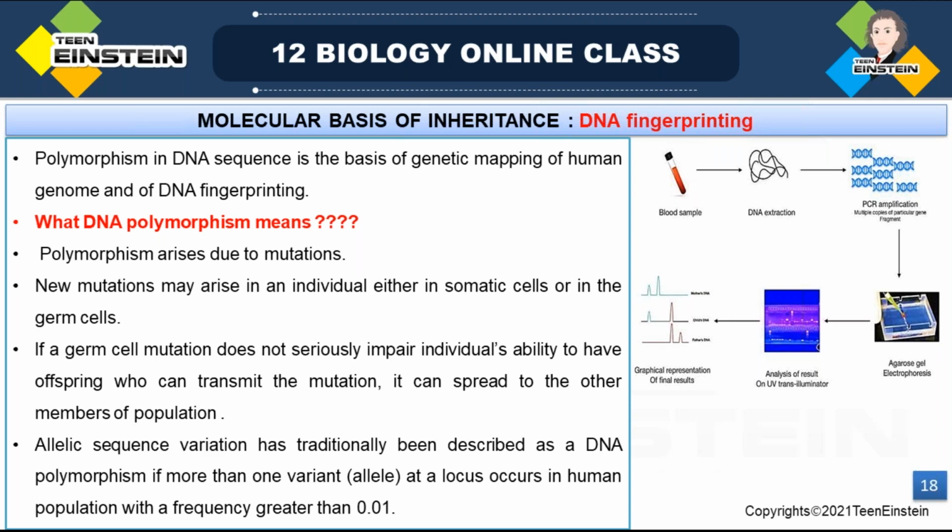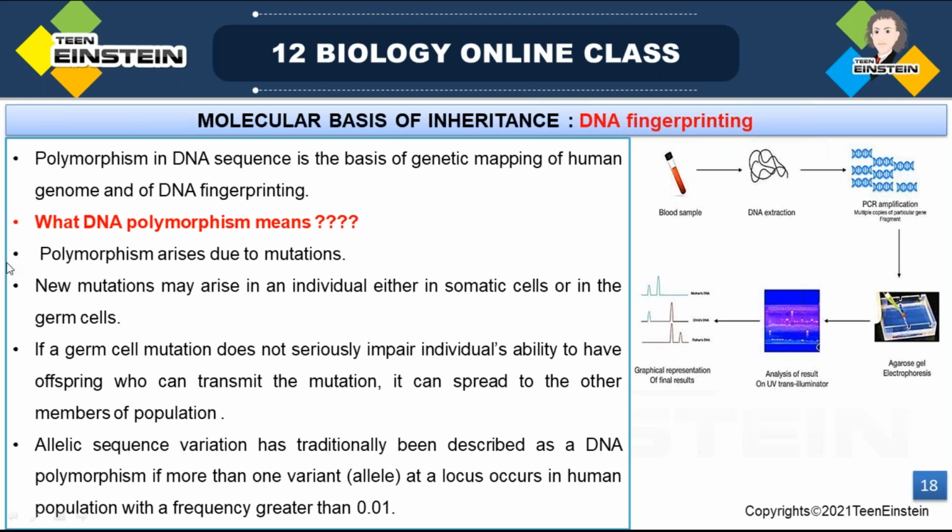So that allelic sequence variation, or the difference in the sequence of alleles, is also called DNA polymorphism, when more than one variant at a locus is present in the human population and the frequency is more than 0.01%.